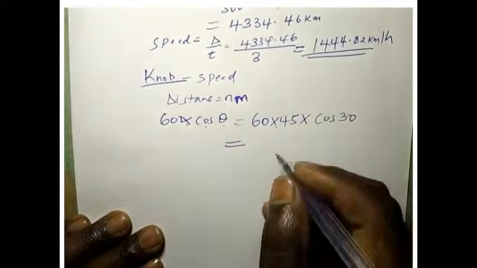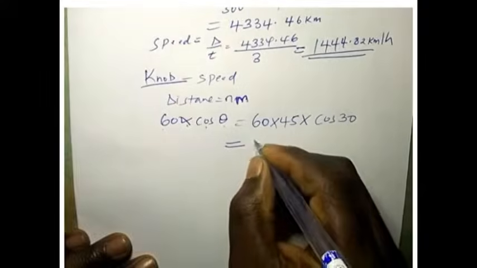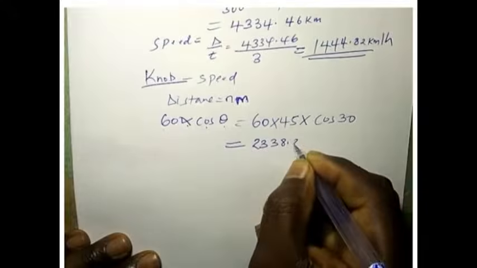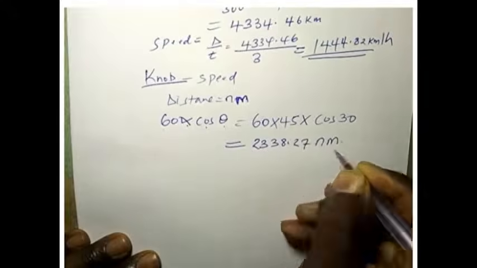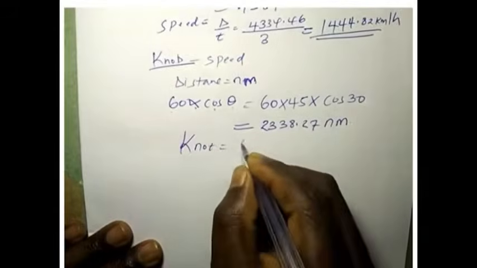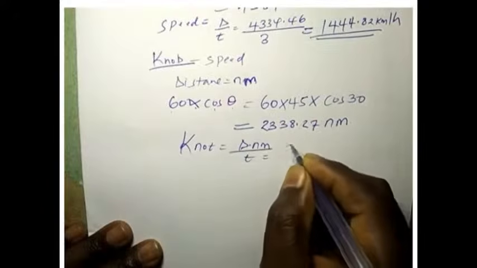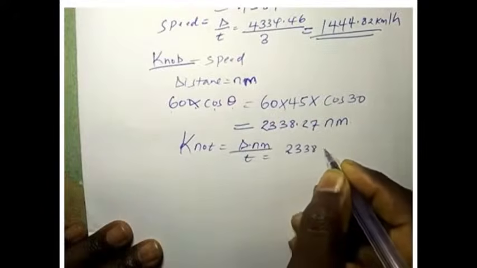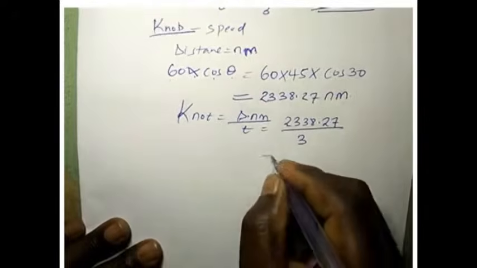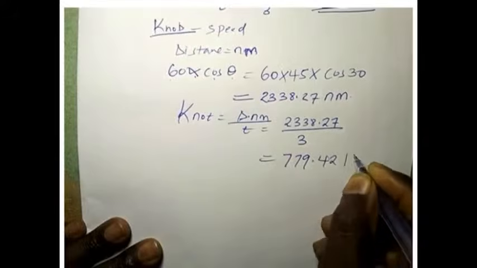And this one gives us 2338.27 nautical miles. So speed in knots is equal to distance in nautical miles divided by time, and that one is 2338.27, we divide by 3 hours, and this one will give us 779.42 knots.